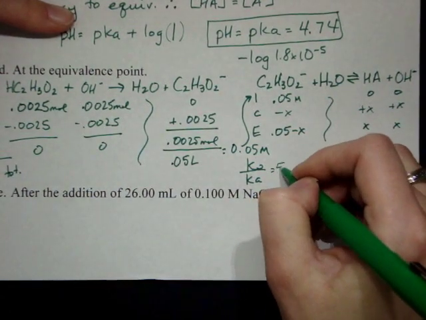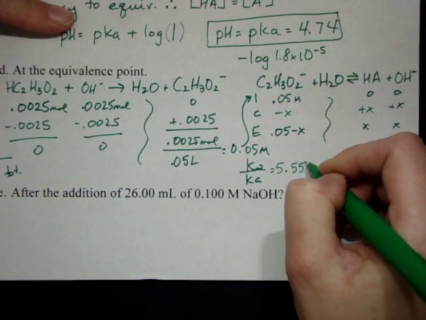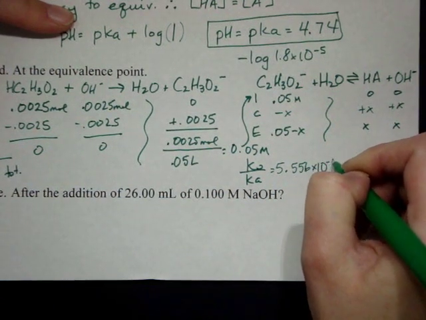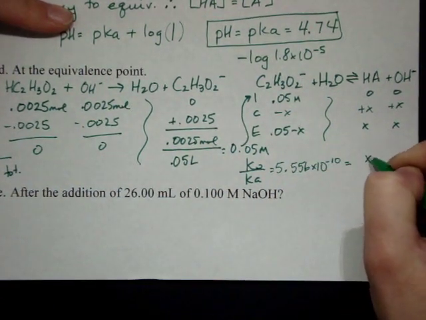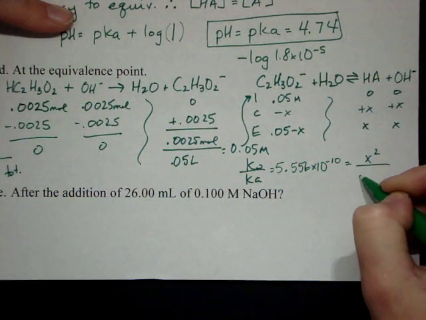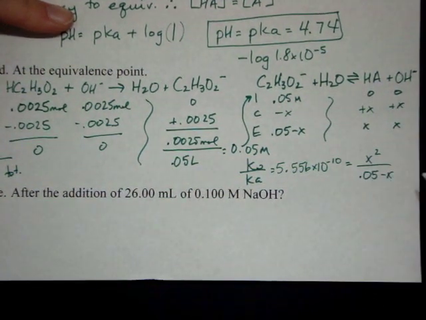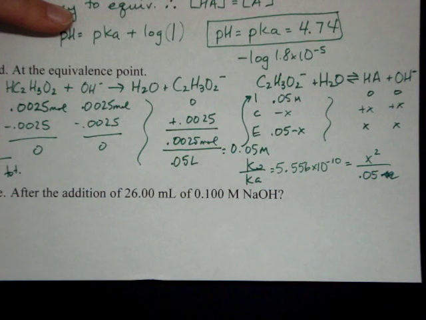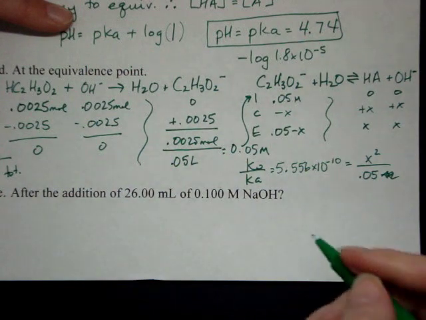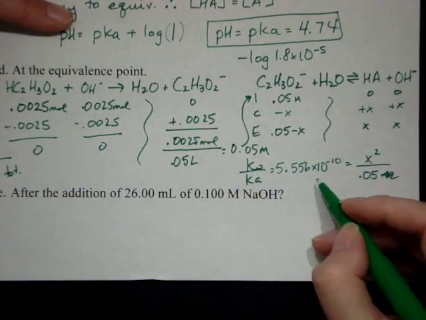And you get 5.556 times 10 to the negative 10. That's your Kb, equals x squared over 0.05 minus x. Cross that off. I'm going to assume my 5% rule works to begin with. I haven't been showing them because we don't really have enough space, but you should be doing them.